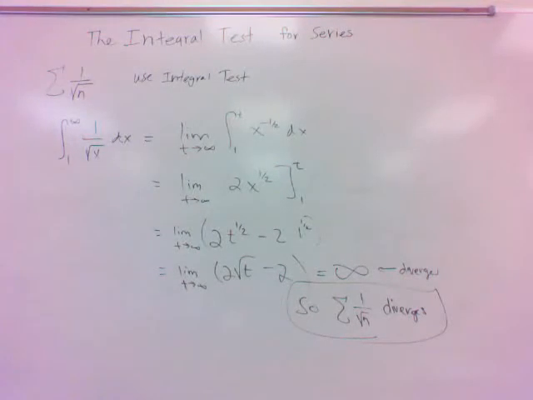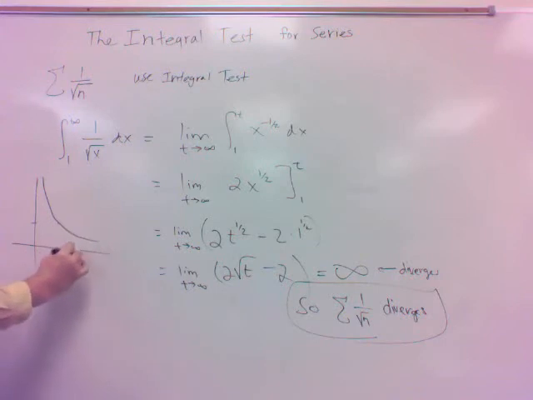Okay, now the way you can look at that one, graphically speaking, why that works, is make our rectangles a little differently. 1 over the square root of x, it'll be 1 over 1, 1 over square root of 2 at 2, and then 1 over square root of 3.